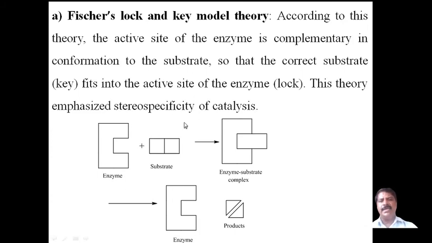The example for this theory was given by Fischer, and therefore it is called Fischer's lock and key model theory. Here the enzyme has an active site, and the substrate has a key-like shape. When they interact, they fit together in the active center of the enzyme, and an enzyme substrate complex is formed.